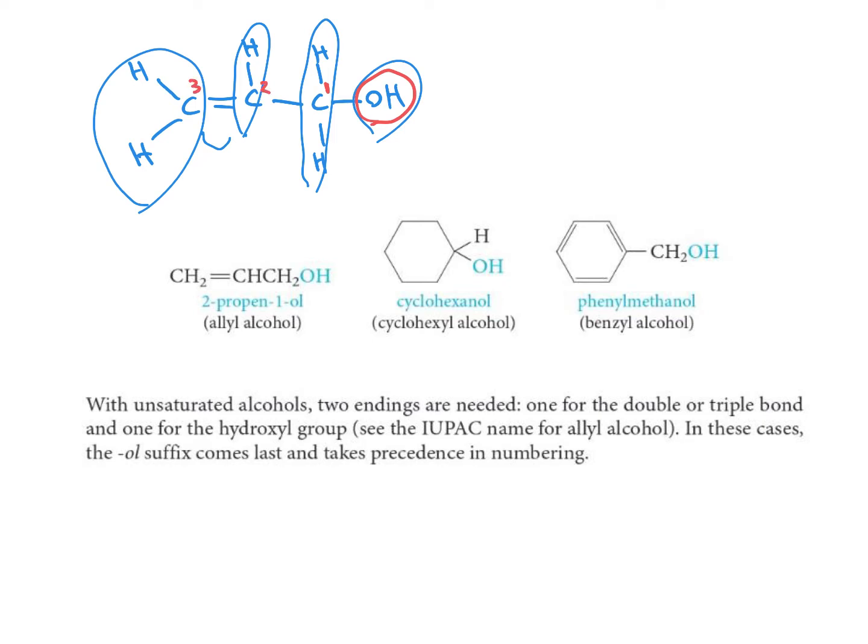And if we consider this, except for my OH, do I have any other substituent? We never consider hydrogens substituents per se. So what is the base name of this compound? Yes, we have 3 carbons, so it's prop, and then we have a double bond, so we call that propene.